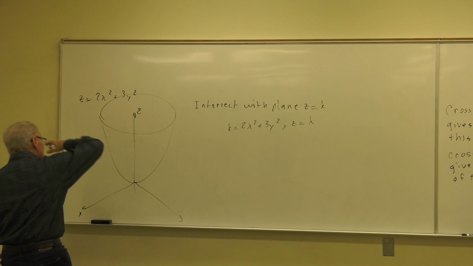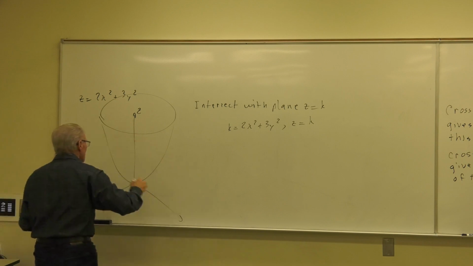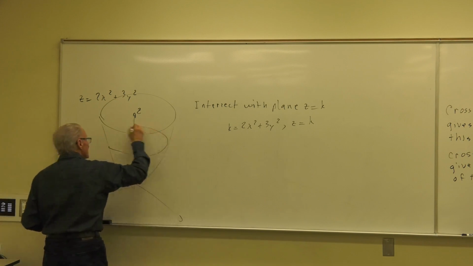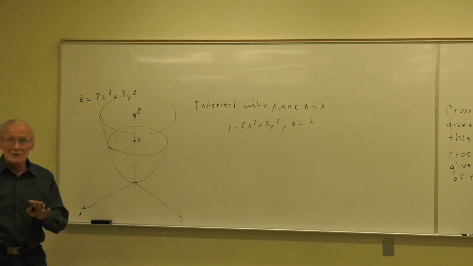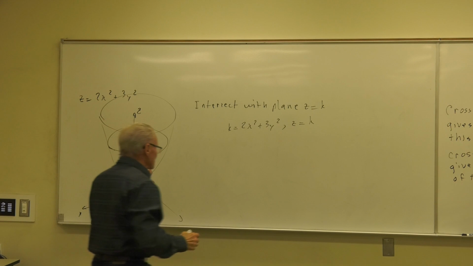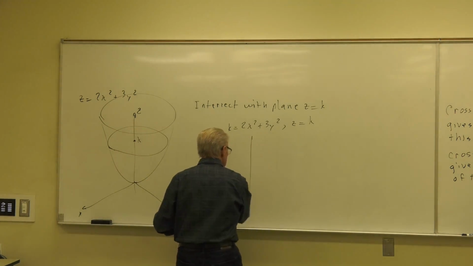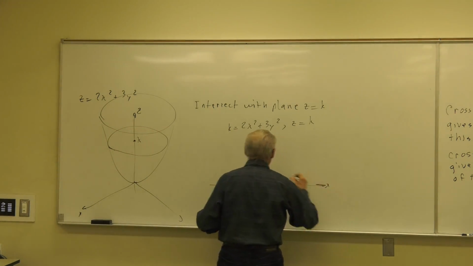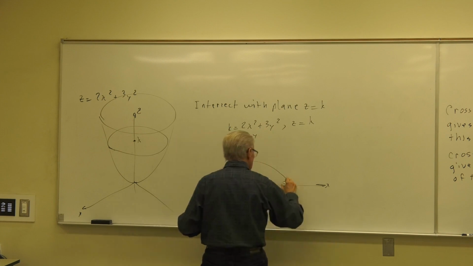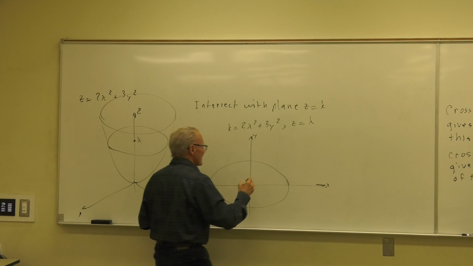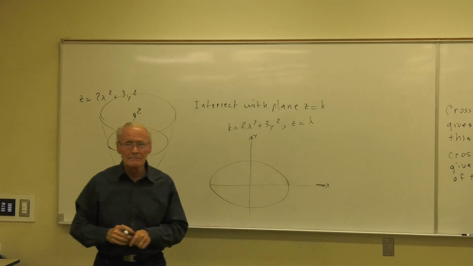I'm slicing the surface horizontally, and I'm getting something that looks like that. Agreed? An ellipse. Let me draw that ellipse in the xy plane. There it is, that ellipse coming from some value of k.